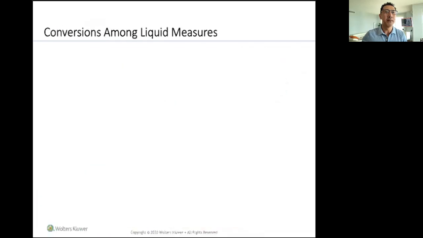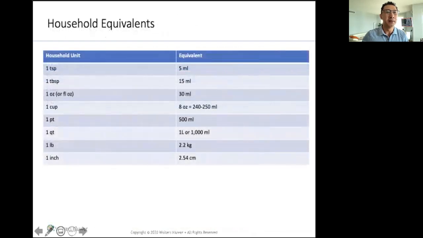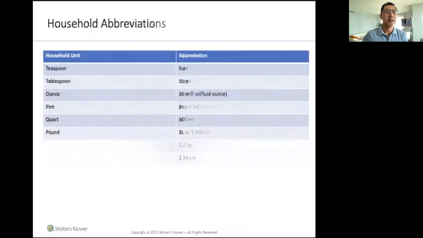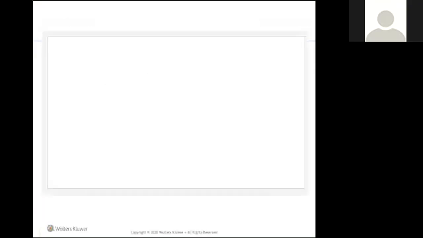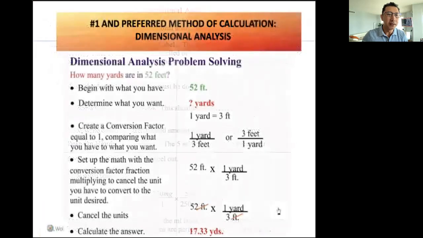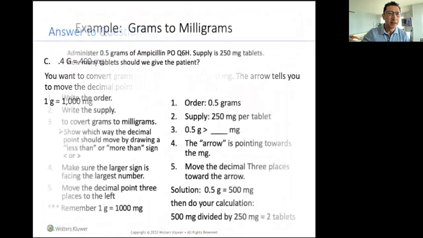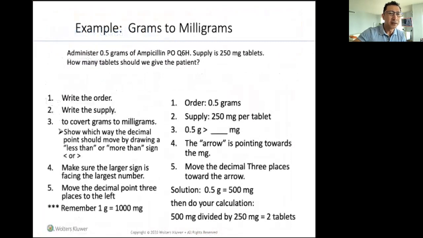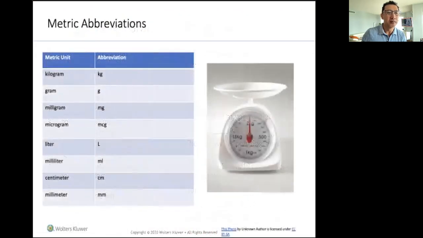Where's my conversion? Oh, I have it down here. Come on, conversion. Is it this one? No.